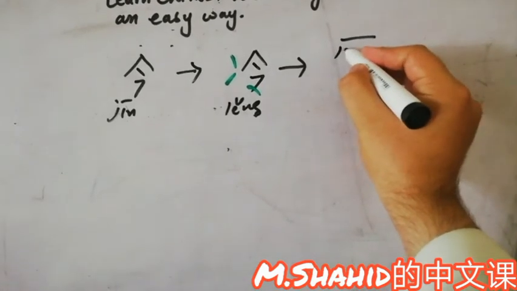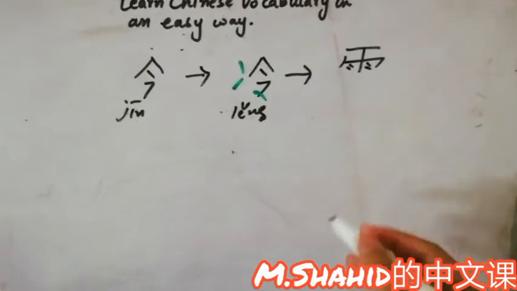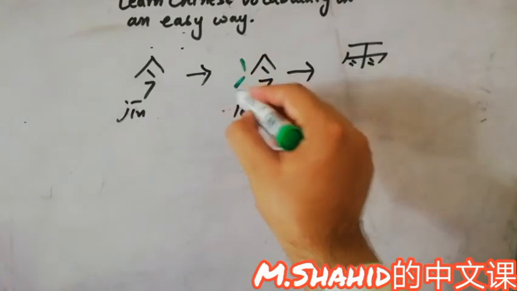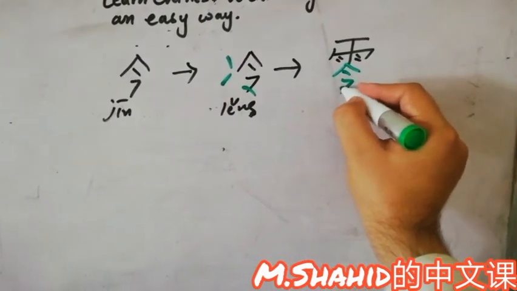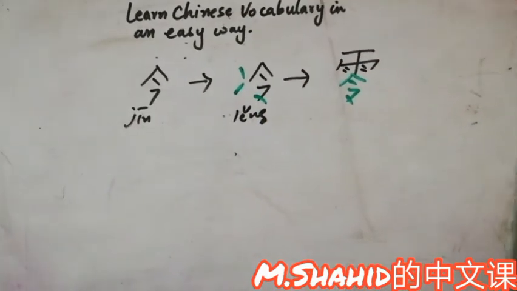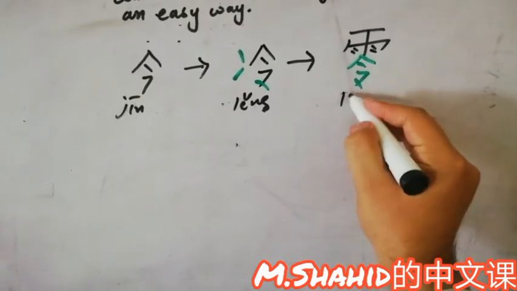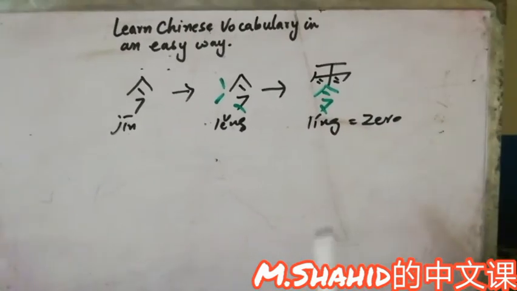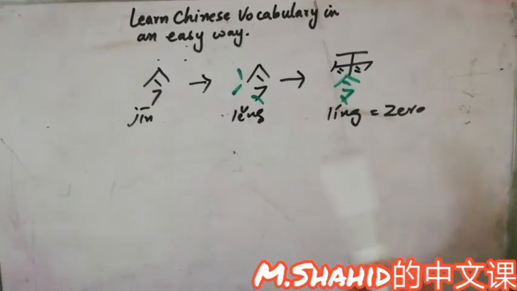How am I going to do that? This is the radical of rain, and I'm just going to remove the radical of snow from it, and this character remains the same. And now this becomes líng. In Chinese language, líng means 0.